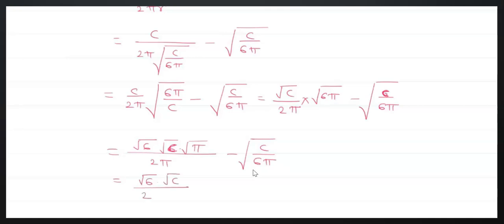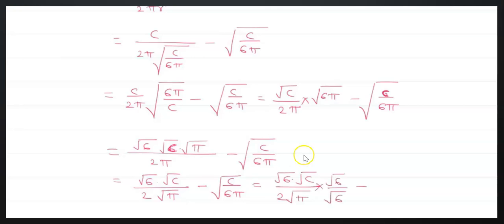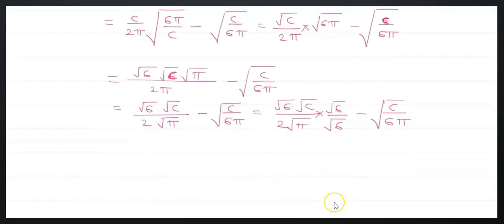See this calculation, that is root 6 root c, here root of pi upon pi. It's nothing but 1 upon root of pi, minus root of c upon 6 pi. Again, root 6 root c upon 2 root of pi. Now simplify again. Multiply and divide by root of 6.